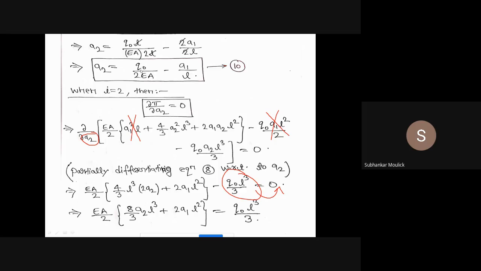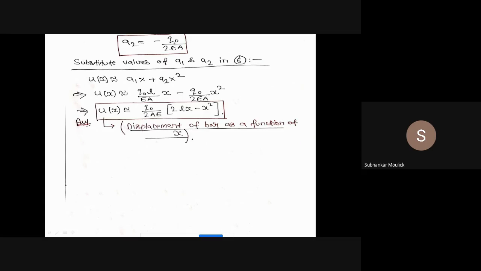Substitute this value of A1 in equation number 10, you will get the value of A2, that is finally minus Q naught divided by 2EA. Value of A2 is minus Q naught by 2EA and value of the unknown coefficient A1 is Q naught into L by EA. Is the step clear?